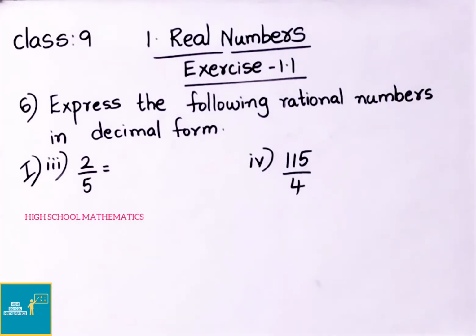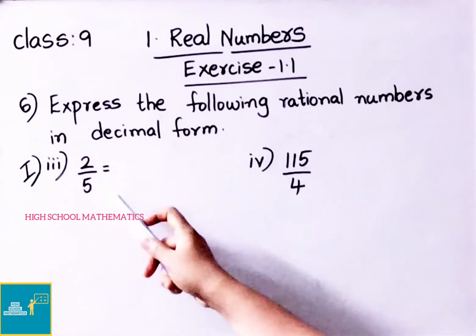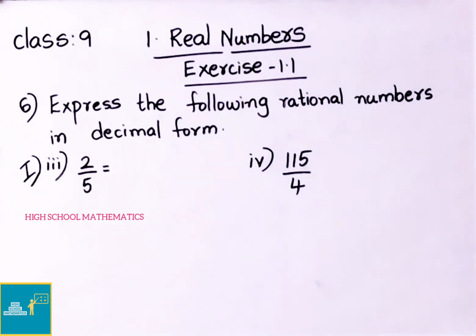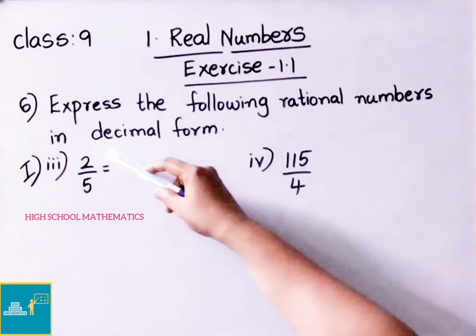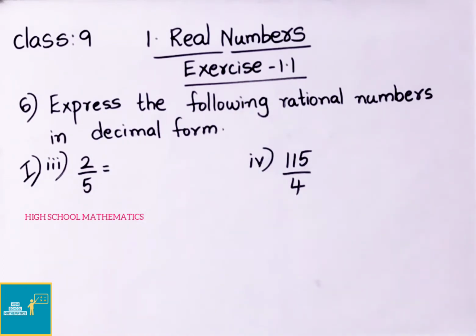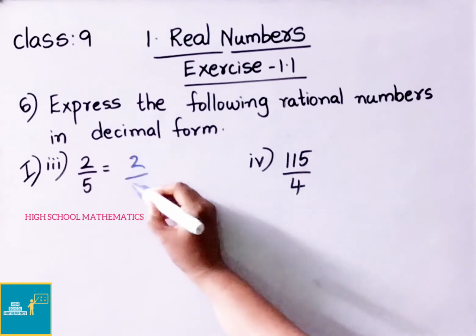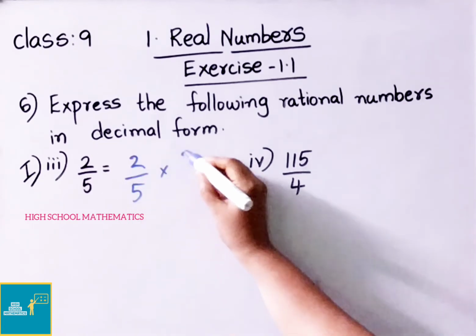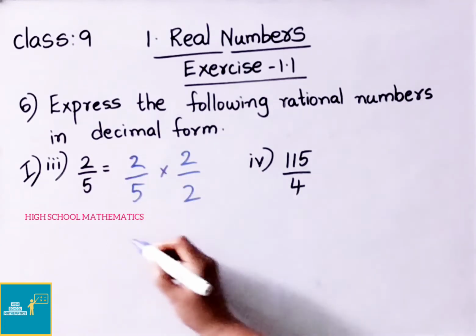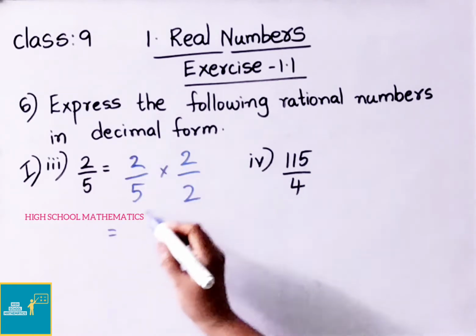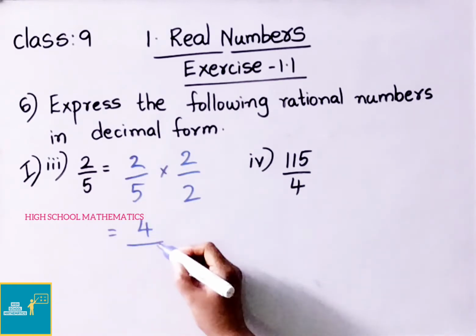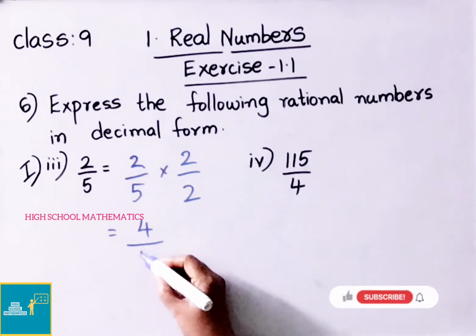Now sixth question, first Roman numeral, third sum: 2 by 5. We have to convert this rational number to decimal form. Here the denominator is 5. We can make this denominator 10 by multiplying numerator and denominator by 2. So 2 by 5 into 2 by 2: numerator 2 into 2 is 4, denominator 5 into 2 is 10.